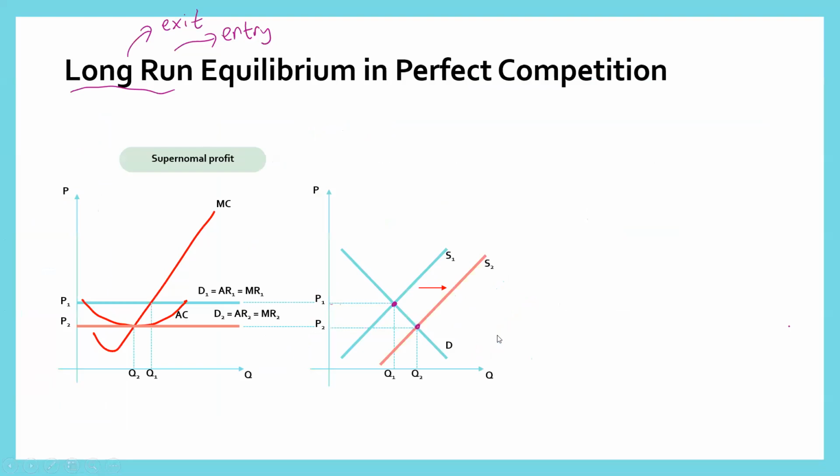So if the firm at first has a supernormal profit, by remembering that the firms are free to enter and exit, if you see that there is a perfectly competitive market at which the producer inside that market is experiencing a supernormal profit, then if you are a person outside the market, you will see the market as an interesting market.